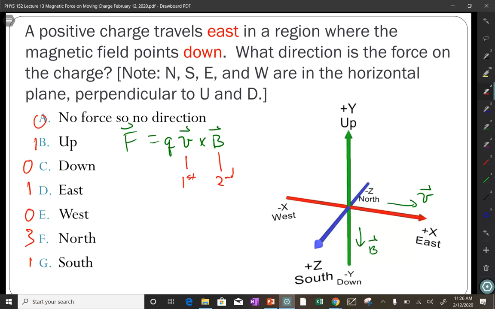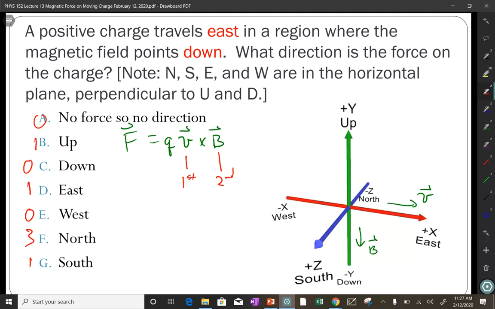So Max, force is QV cross B. So if we're going to apply the right-hand rule, what's the first step? Index finger pointing east. It needs to be pointing the direction of the velocity. So since the velocity is east, index finger needs to be pointing east. And of course, remember, it needs to be the right hand.